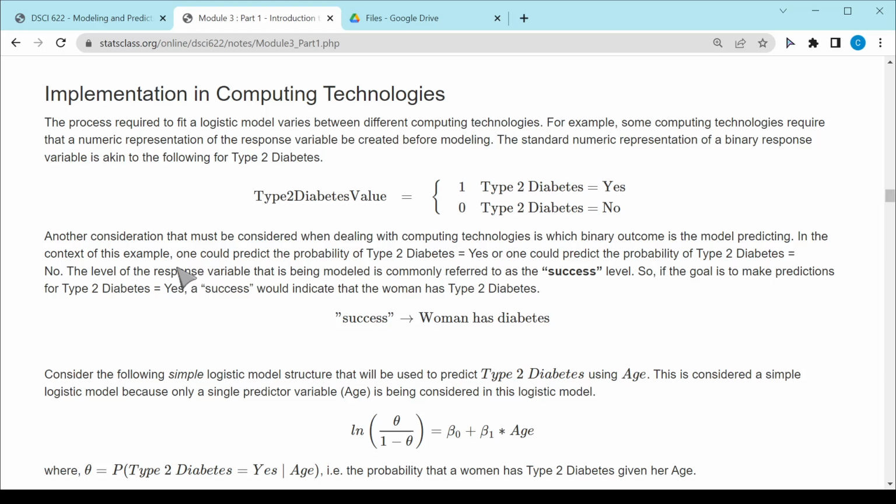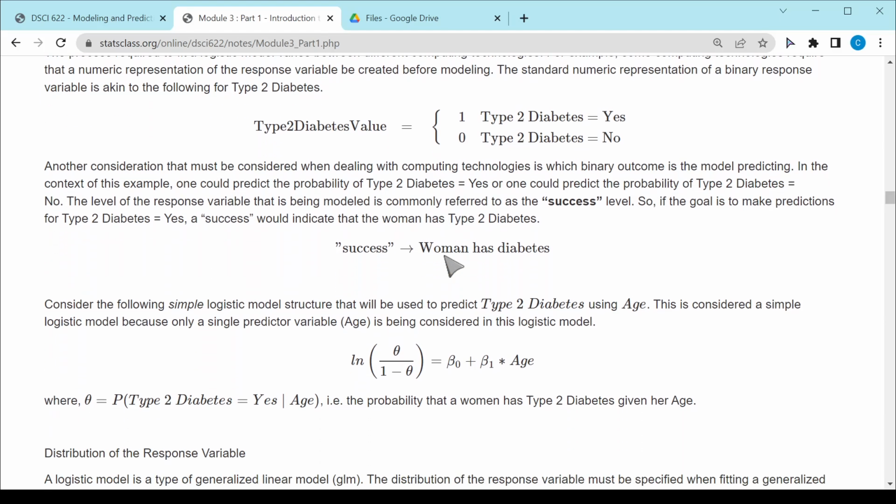Another thing that you need to concern yourself with when you're fitting these models is, what is the computer considering the success to be? Success here is in quotes because it's not a good thing if a woman has diabetes, but that's what I'm modeling. So in this module, a success is going to be a woman having diabetes.